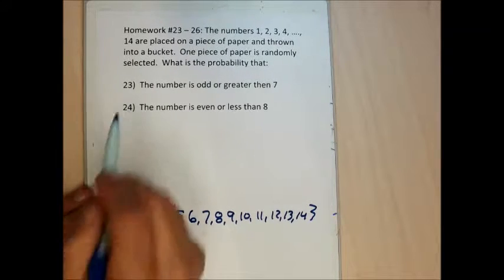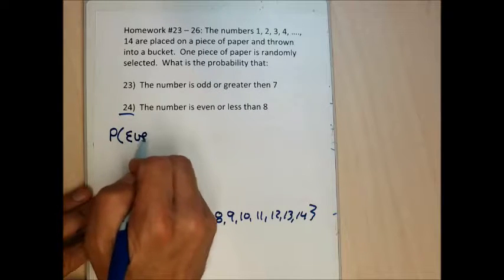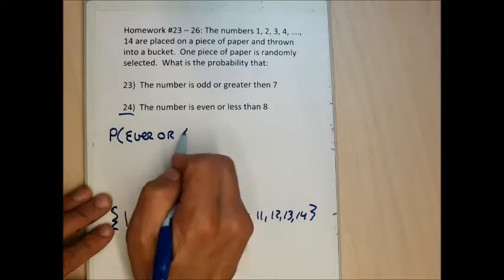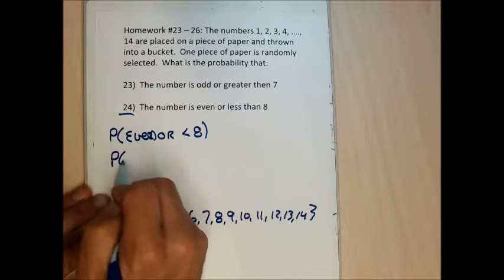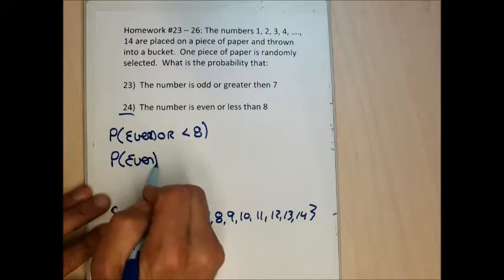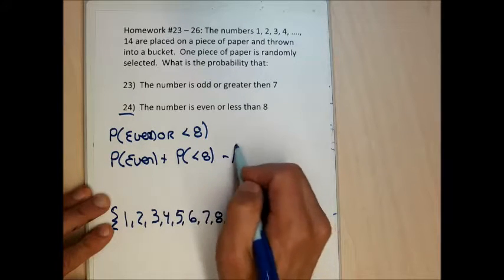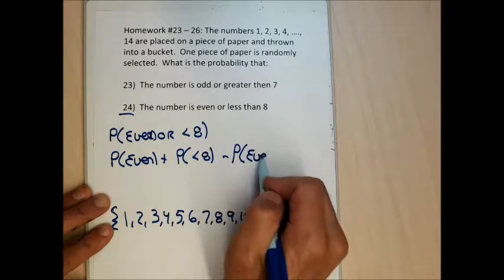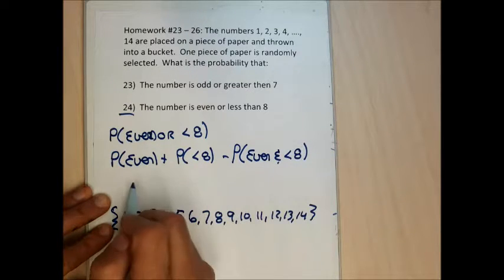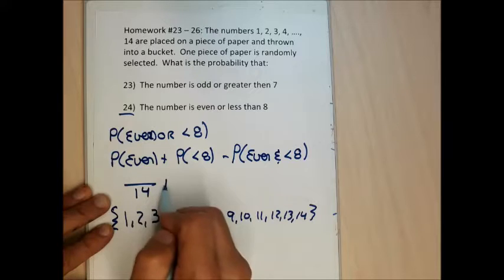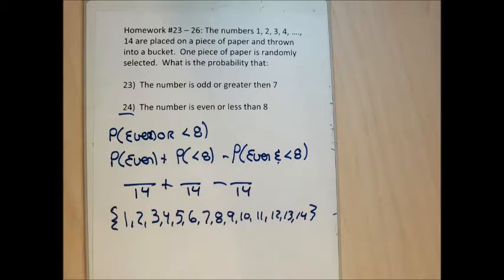If I go to do 24, what's the probability of getting an even number or a number less than 8? Well, I know that's the probability of getting an even plus the probability of getting a number less than 8 less the probability of getting a number that's both even and less than 8. Each one of these fractions is going to have a 14 in the denominator because there's 14 numbers that I've listed here.